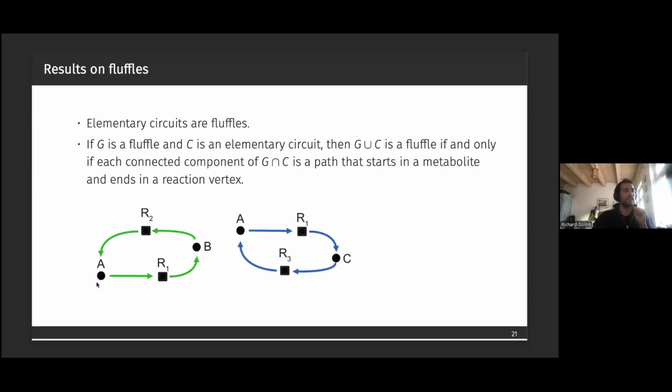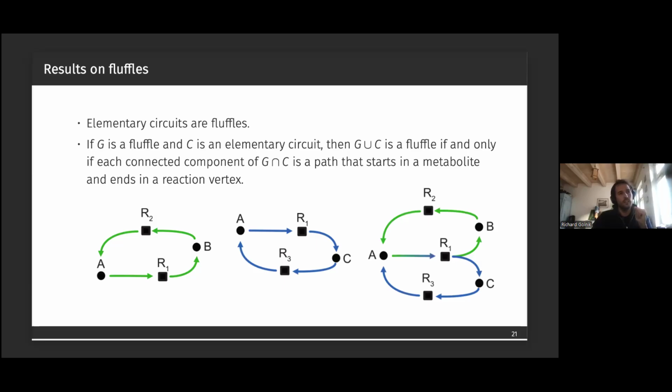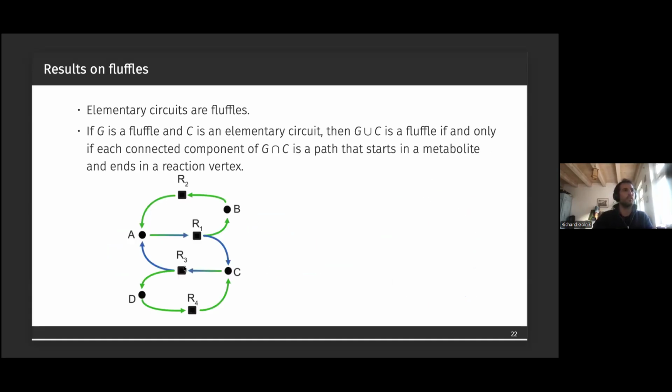So in the example from before, we have the two elementary circuits, we know these are fluffles, and they share this path from a metabolite vertex to a reaction vertex, from A to R1. If I stick them together, then I get my fluffle back. And this can of course get arbitrarily complicated.